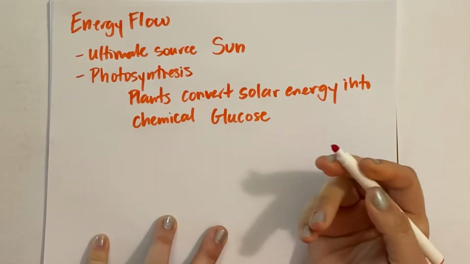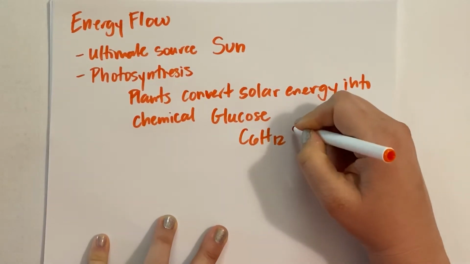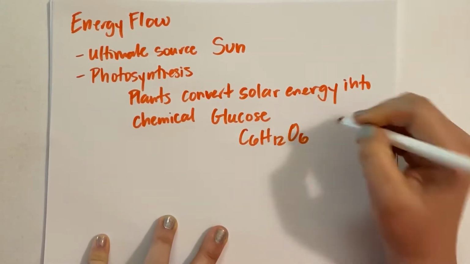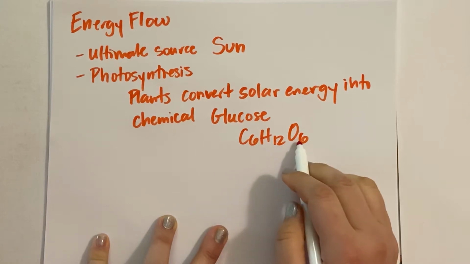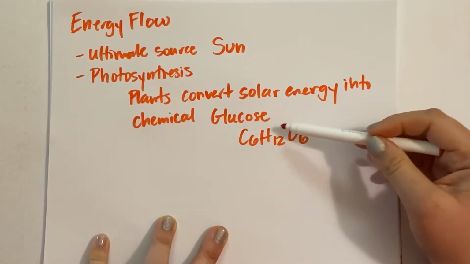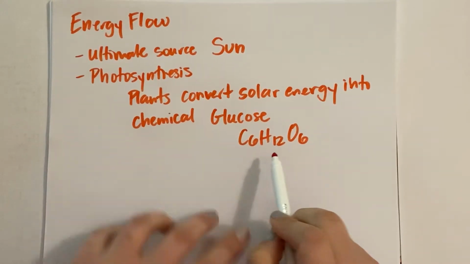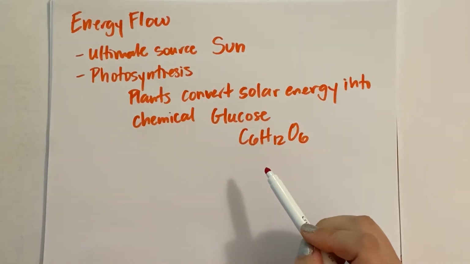We've talked about glucose. Glucose is a molecule that we see a lot. It's very important. It's C6H12O6. What's going to happen is we take sunlight energy and convert it into actual glucose, so it's now in a chemical form.